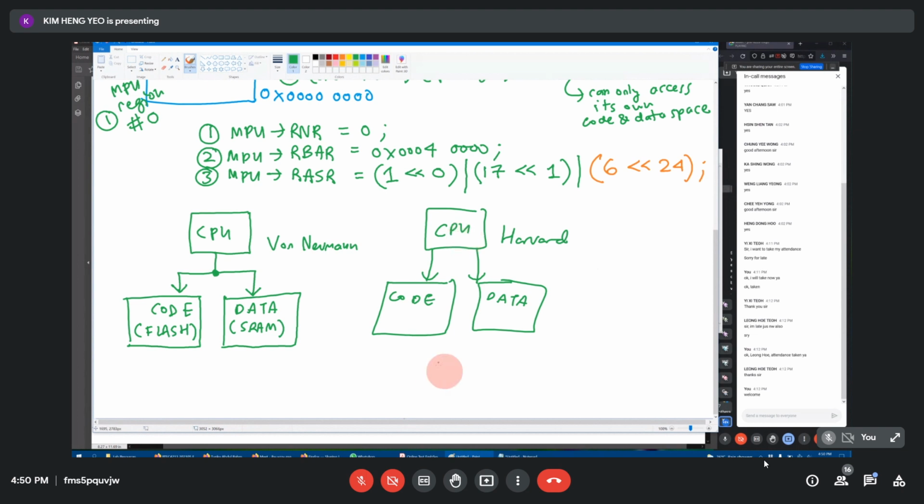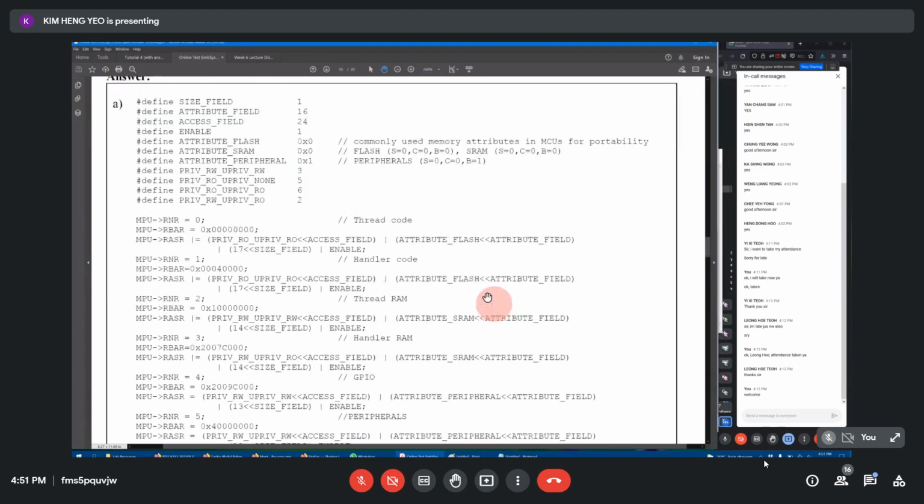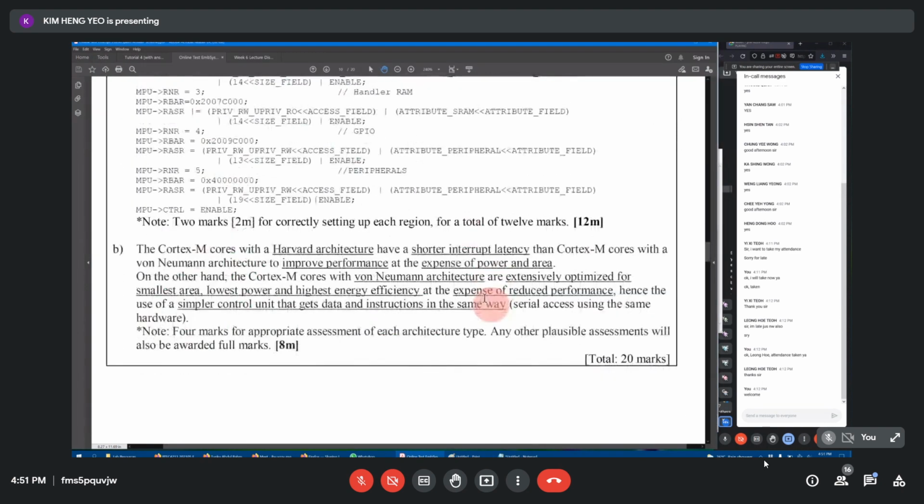Okay. So if you look at the answer, Cortex M cores with Harvard architecture have better performance, but the price to pay is power and area, more power, more area. On the other hand, the Cortex M cores with von Neumann architecture have reduced performance, but you got lower power and higher energy efficiency.